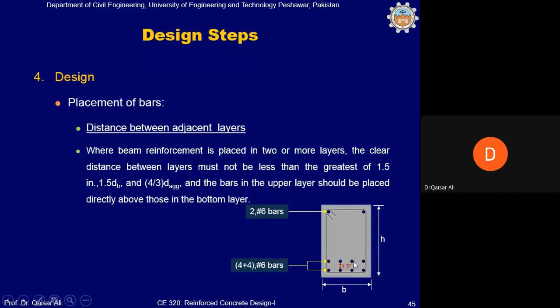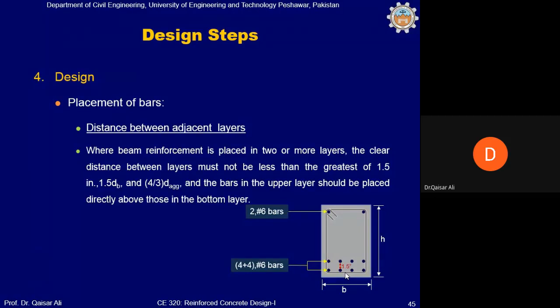Okay, the bar in the second layer must be placed directly above those in the bottom layer. So for example, if there is a situation where 7 bars are required from calculations, we will provide 8 bars to satisfy this requirement of the code, because 3 bars in the second layer are not allowed.